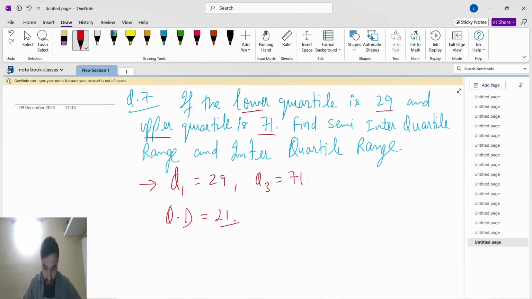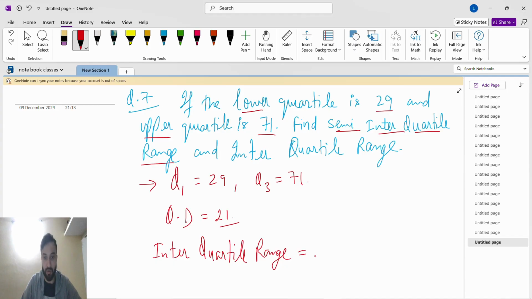Don't forget the name: semi-interquartile range is the quartile deviation. And the interquartile range is Q3 minus Q1, so it's 42. That's it.